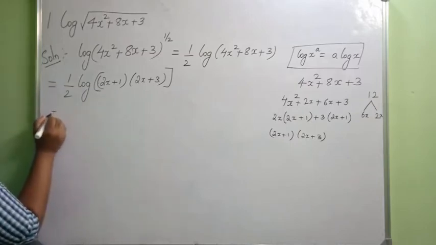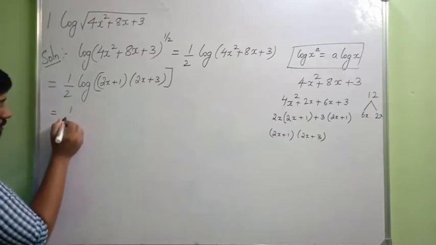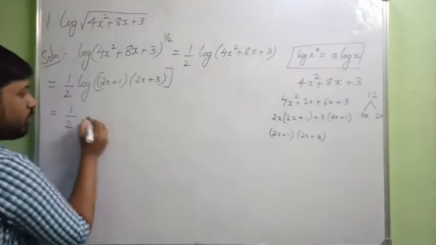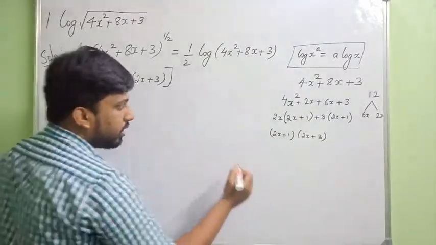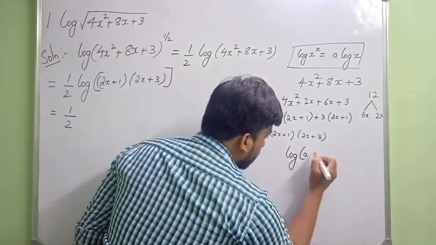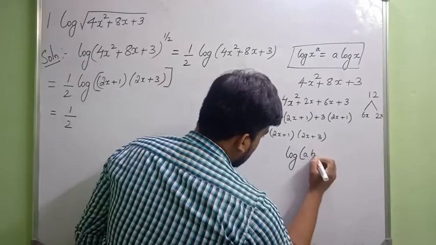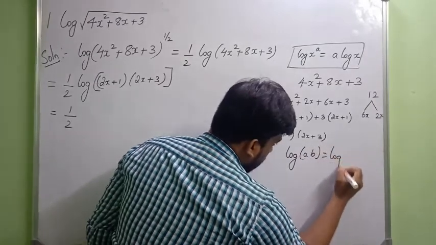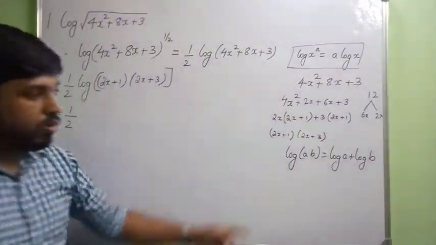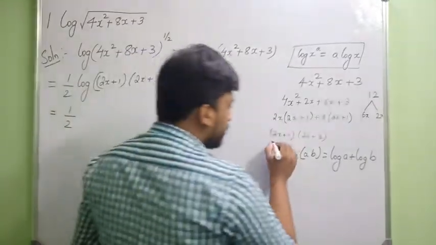Now that is equal to, we have 1 by 2 into, you know, again a formula, that is log of AB can be written as log A plus log B. So this is the factorization I have done.